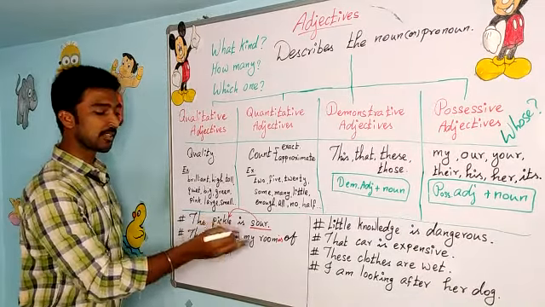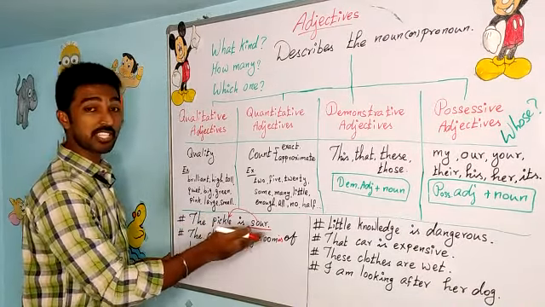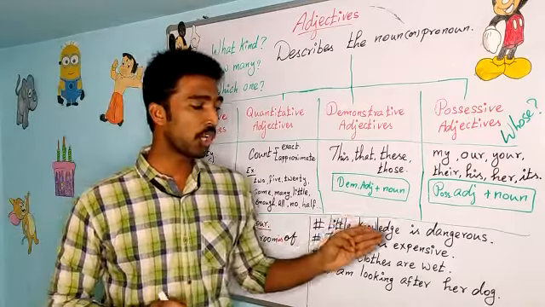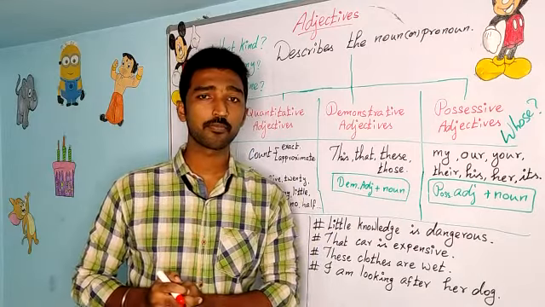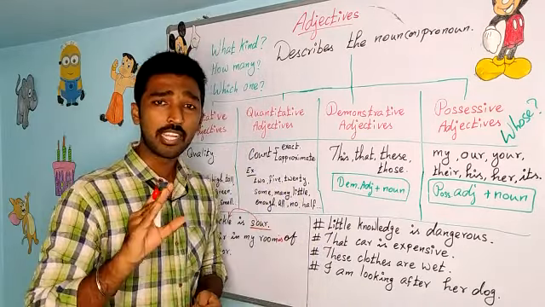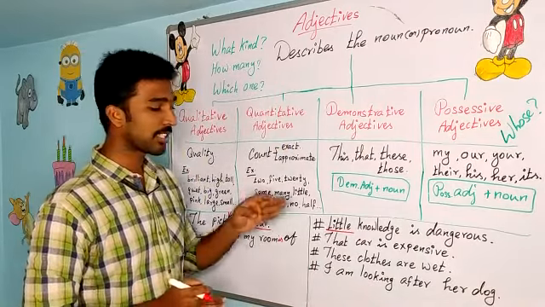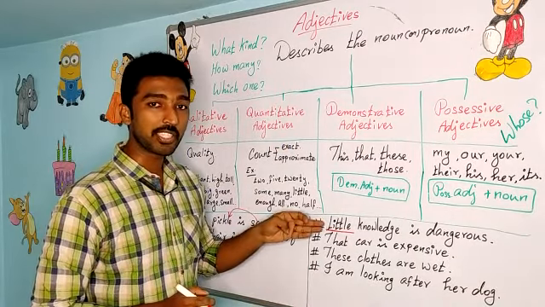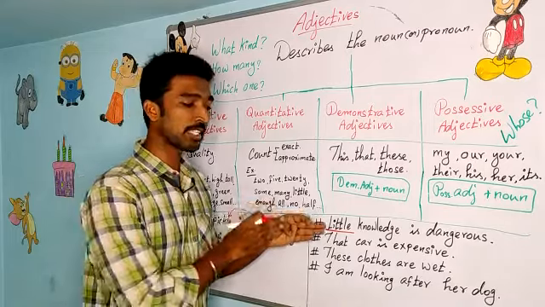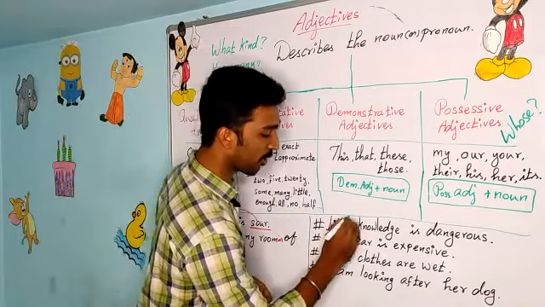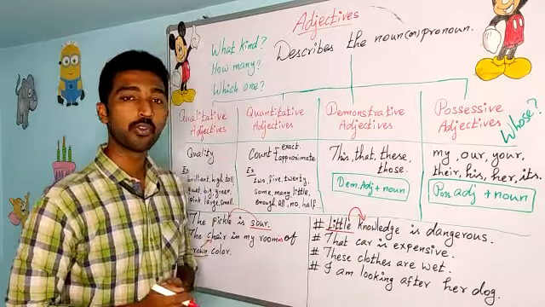The chair in my room is of brown color. And the next sentence: little knowledge is dangerous. How much? Little. It reveals the count. So it's a quantitative adjective. It reveals the count and it's an approximate count. Little knowledge is dangerous. The quantitative adjective.